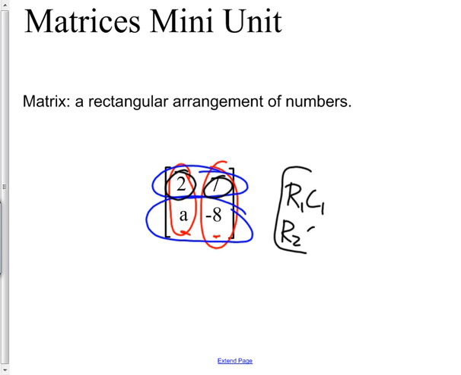This one would be row 2, column 1. This would be row 1, column 2. And row 2, column 2. It seems kind of pointless right now, but we will use it tomorrow when we're multiplying matrices, and it gets kind of complicated. So if you can look and say, oh, this is in the first row, second column, that will help you.